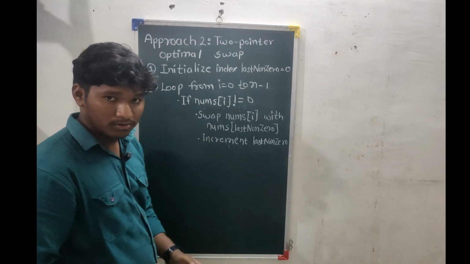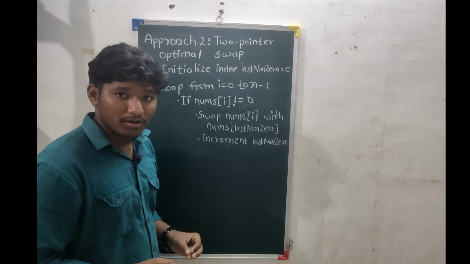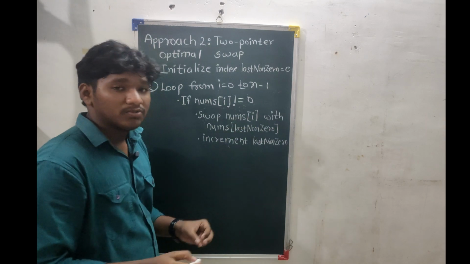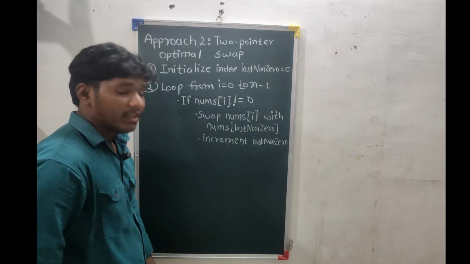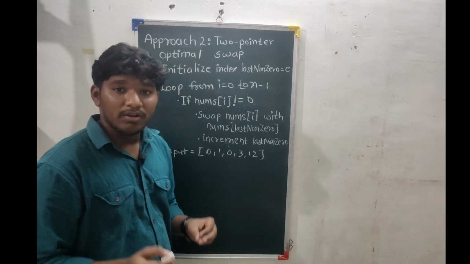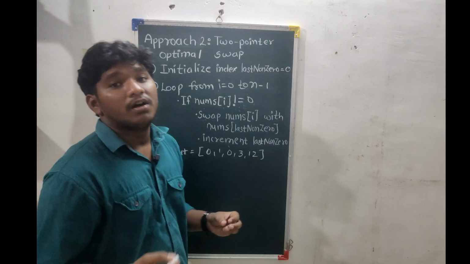If it is not equal to 0, that means a non-zero element is present, then we swap nums of i with nums of last non-zero index, and then we increment the last non-zero index. So let's see an example of this approach.